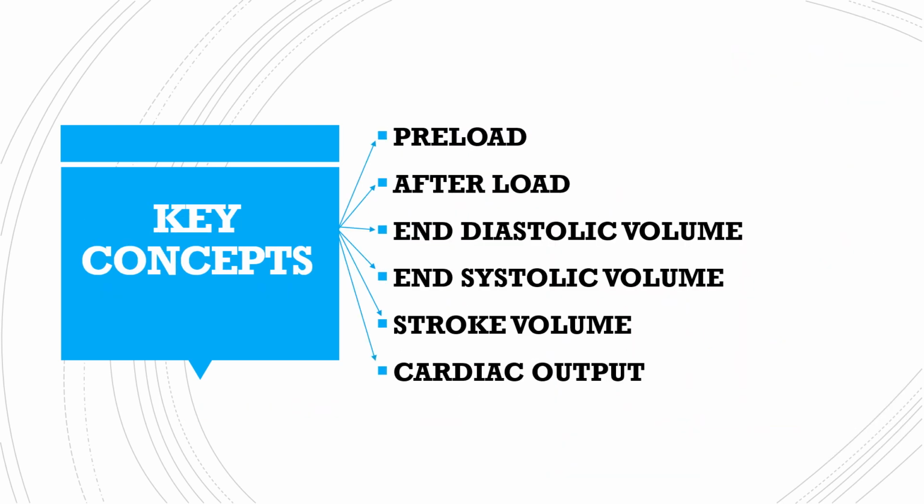So, at the end of this lecture, we are talking important key concepts. The first one is the end diastolic volume. It is the volume of blood that is present in the ventricles after filling. And this is the volume that amounts to 120 to 130 milliliters, and it is the volume with which the ventricles begin to contract.